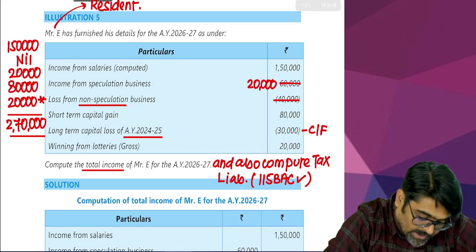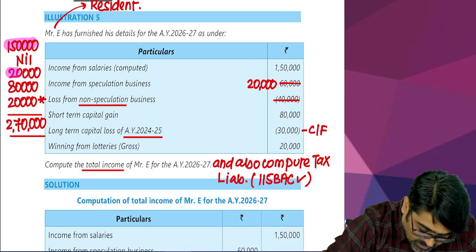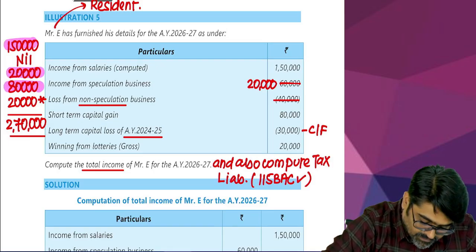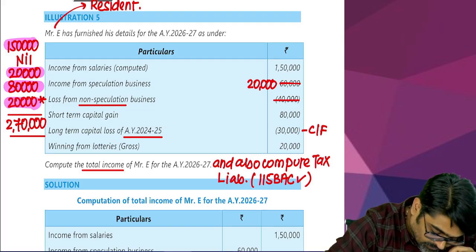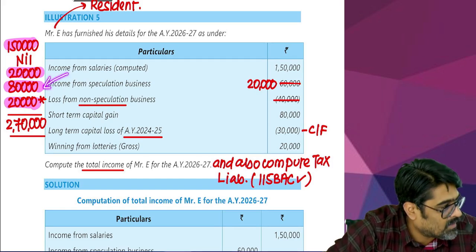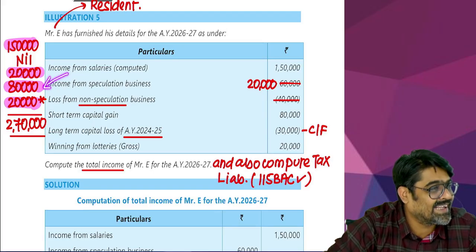In your total income, can you see salary income is there? Can you see business income is there? Can you see short-term capital gain? Can you see winnings income is there? By the way, this short-term capital gain is not 111A because it is not on transfer of listed equity shares through a recognized stock exchange with STT paid.